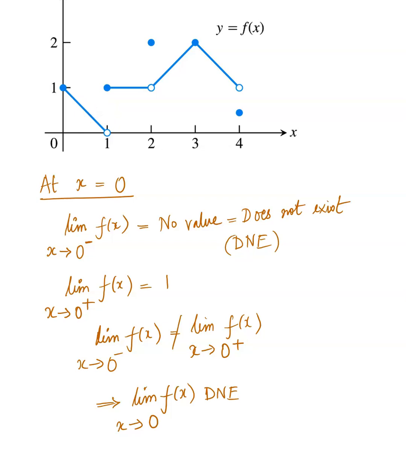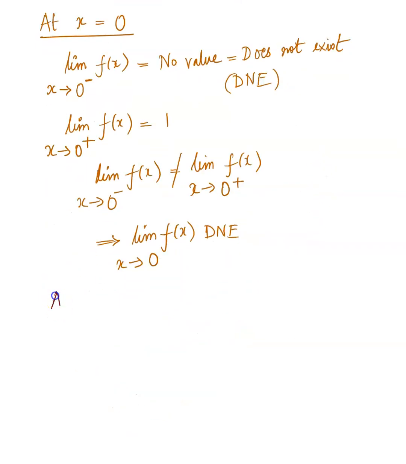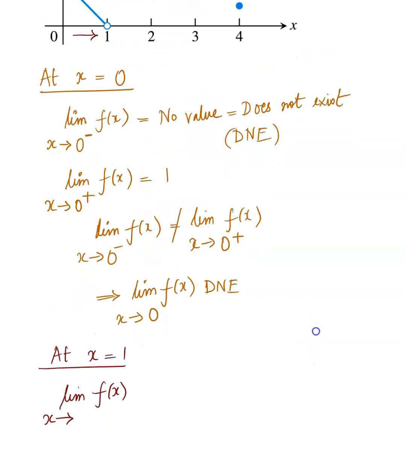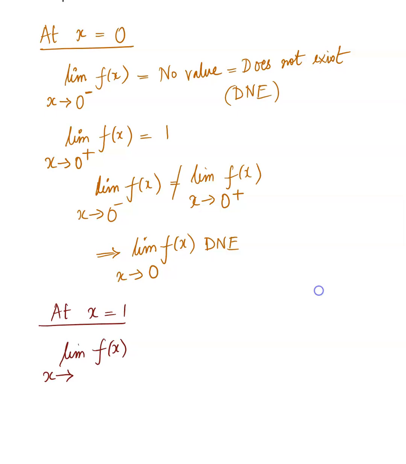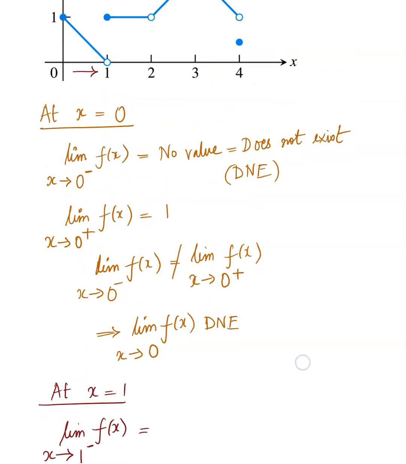Then let's take a look at 1. Let's approach 1 from the left. So near x equals 1, what happens? Limit of f of x as x approaches 1 from the left, so 1 with a minus. And then what we see is the corresponding piece, and that one approaches 0.